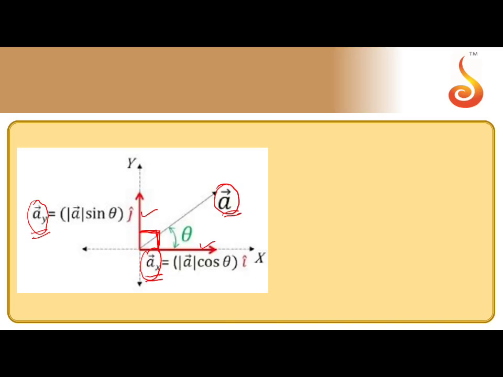That is why they are called rectangular components. Suppose the vector A is at an angle theta with the x-axis, then the component along the x-axis will be mod A into cos theta into i cap. The component adjacent to theta gets cos theta. The component opposite to it gets sin theta.